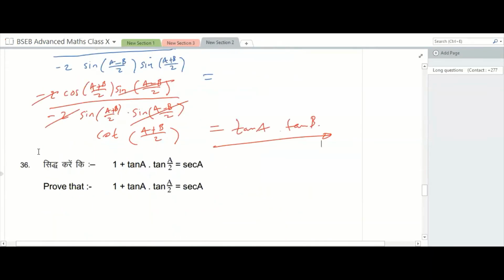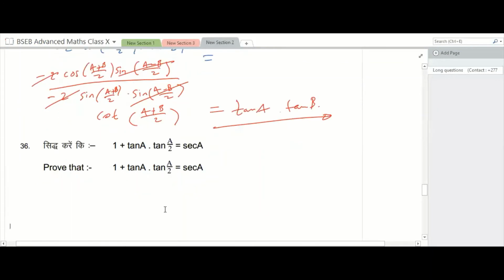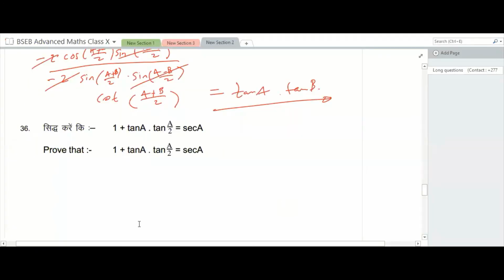Looking at question number 36. Prove that 1 plus tan A times tan A over 2 is equal to sec A. So what we know is that tan of 2 times A over 2 gives tan A. So let's just say tan A is equal to 2 tan (A over 2) divided by 1 minus tan squared (A over 2).